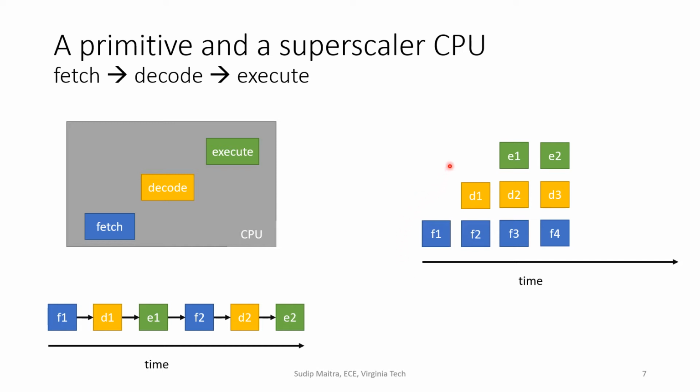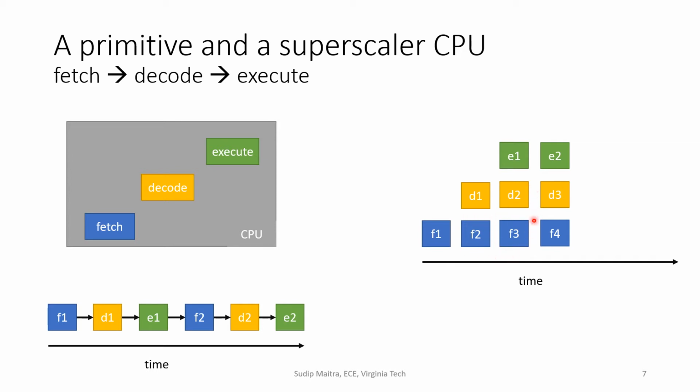So let's say we have a CPU that has multiple pipelines. It has an execution unit, decode unit, and a fetch unit, and it can run them in parallel. Once it has fetched an instruction, in the next clock cycle it can move on to decoding it, but also it can fetch another instruction from the main memory.